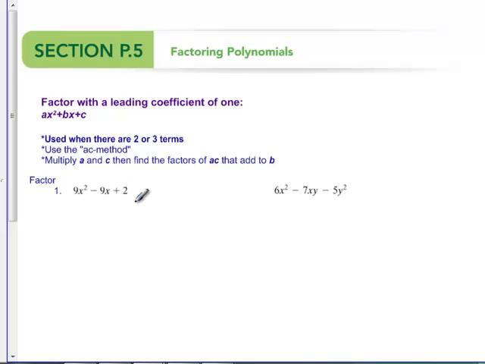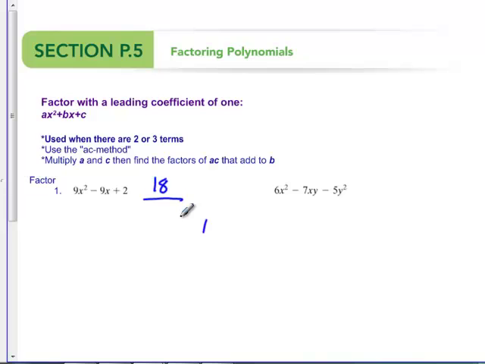So 9x squared minus 9x plus 2, this is different because we have something that's not a 1 in front. I assume your calculator mostly does this too, but I'm going to force us to go through it once. The AC method is taking whatever is in front of the x squared, multiplying it times the whole number. So 9 times 2 is going to give us 18. And then we need factors that multiply to 18 but add to a negative 9.